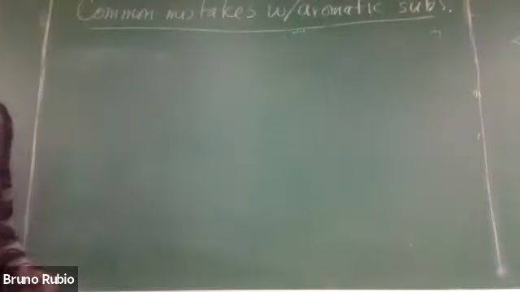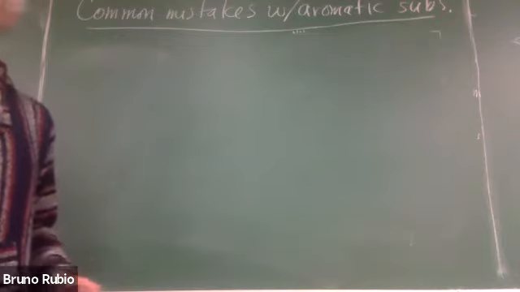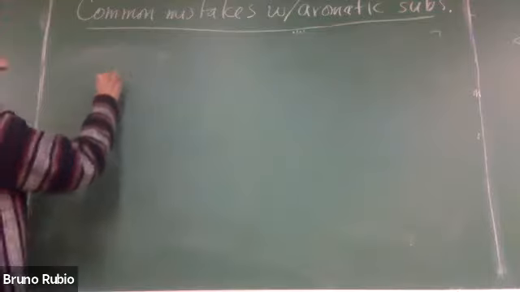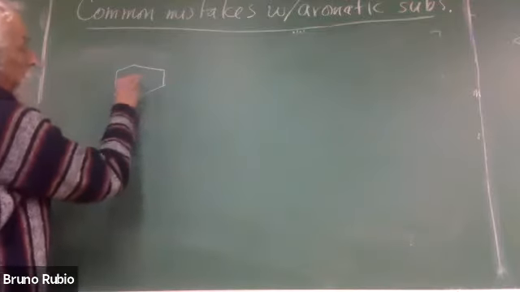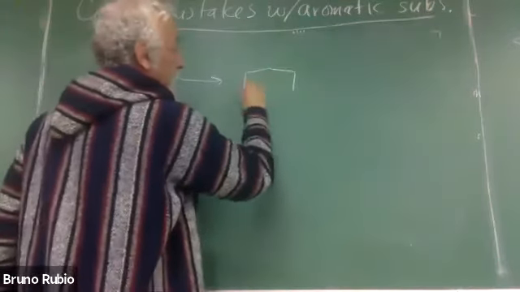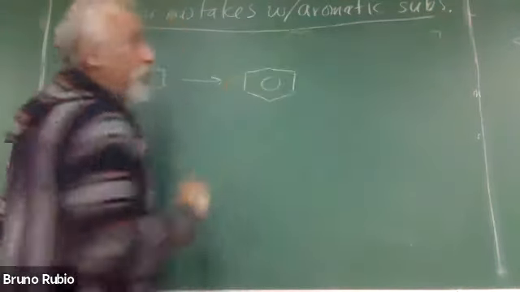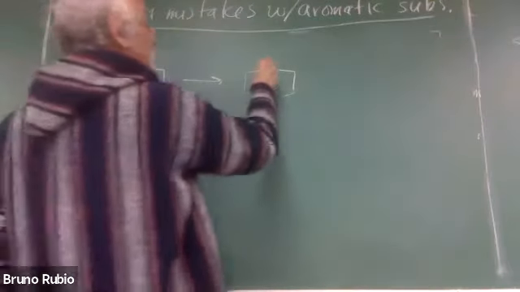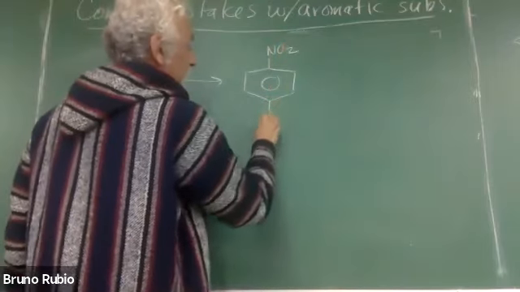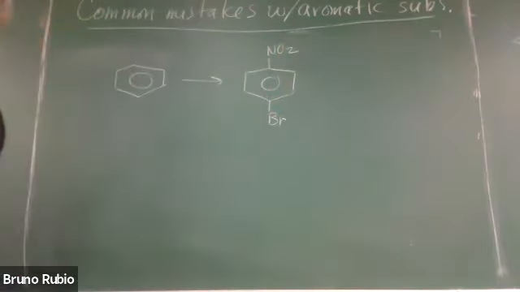So now let's try some synthesis problems, just of various degrees of complexity. So I guess the most entry-level kind of synthesis problem that we would be contending with would be, say, for example, the synthesis of this. Okay, so how would you make this 1-bromo-4-nitrobenzene?